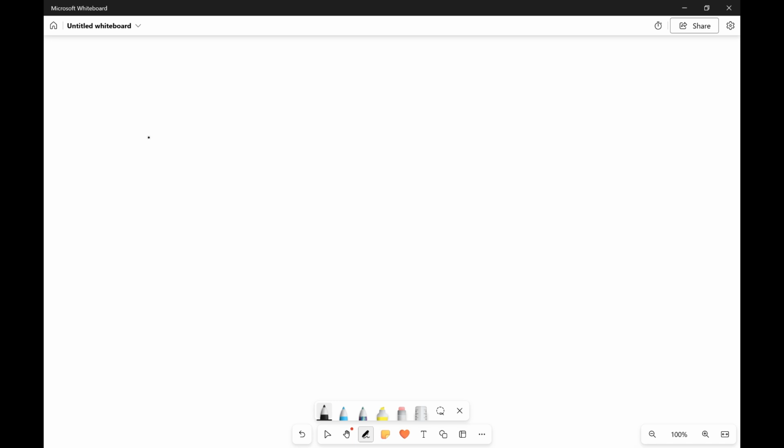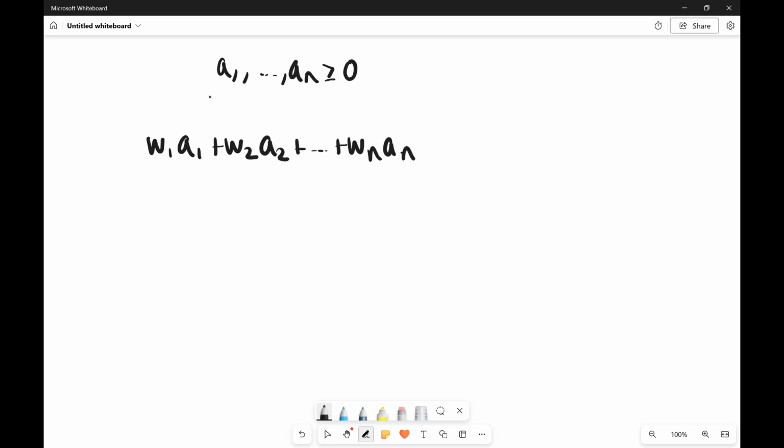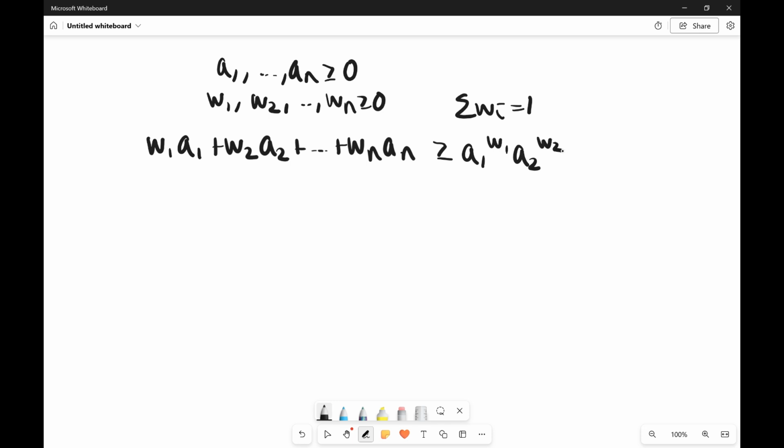So basically, w1a1 plus w2a2 all the way to plus wnan, where a1 all the way to an are greater than or equal to 0, w1, w2 all the way to wn are greater than or equal to 0, and their sum is equal to 1, so they're like weights, is greater than or equal to a1 to the w1, a2 to the w2, all the way to an to the wn.